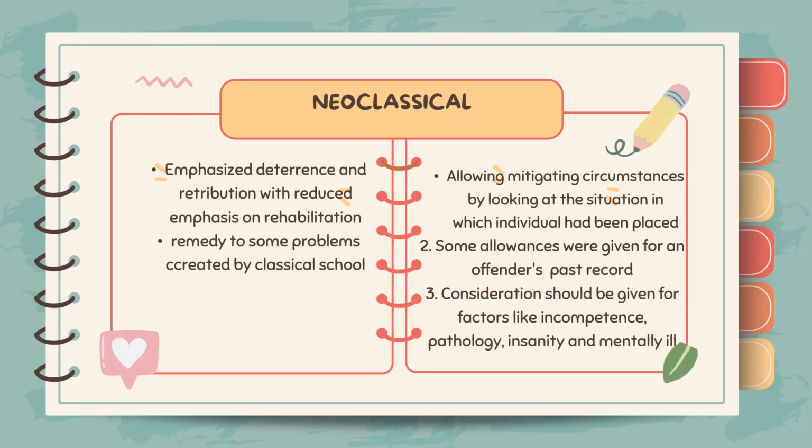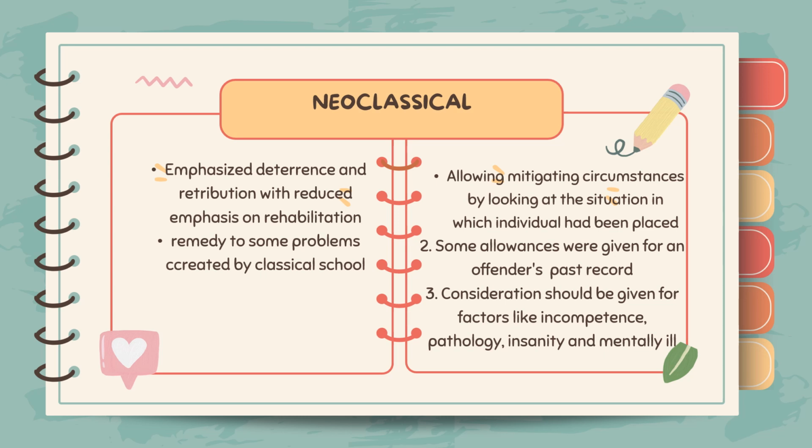This is another school of thought wherein it emphasized deterrence and retribution with reduced emphasis on rehabilitation, and it provides a remedy to some problems created by the classical school. So in the neoclassical school, this theory assumes that children or lunatic persons should not be punished. So it's a modification of the classical school.